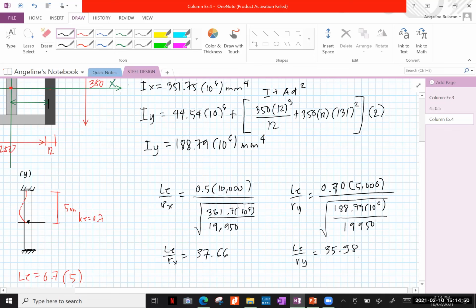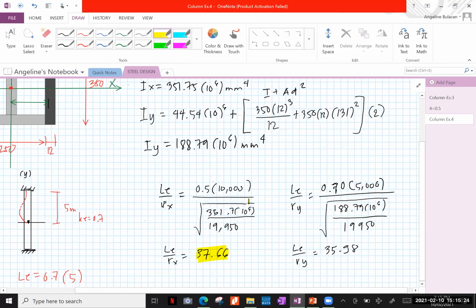Yan. So we have two values of your LE over R. Now, di ba, sabi ko, we will use your least value of radius of gyration. Again, ang purpose nun is para ang makuha natin is yung mas malaking value. So here, most of the time, RY yung ginagamit natin. Now, in this case, kung mapapansin nyo, mas malaki yung value nung LE over RX. So, ang tamang LE over R na gagamitin natin is ito because this is bigger.